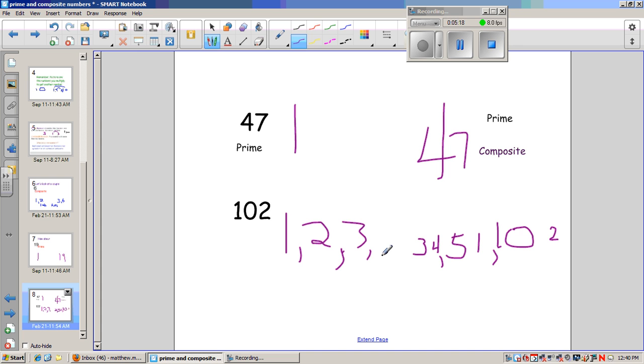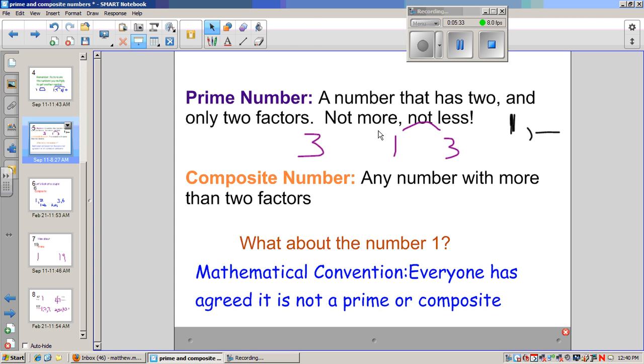I can't do 4, can't do 5, so I've kind of used it. But as soon as I got more than 2 factors, I knew it was going to be composite.